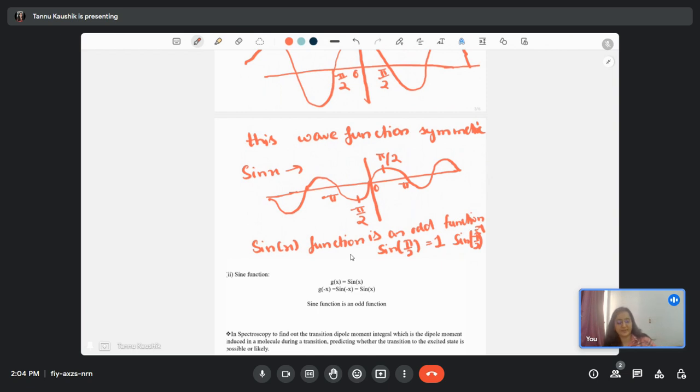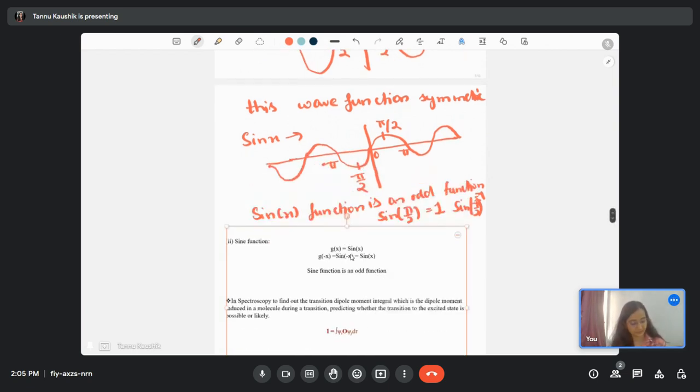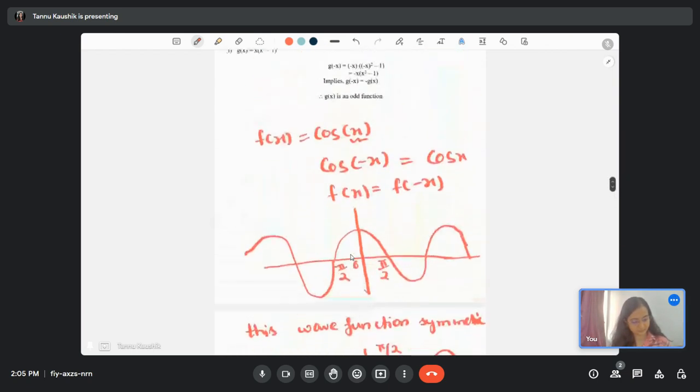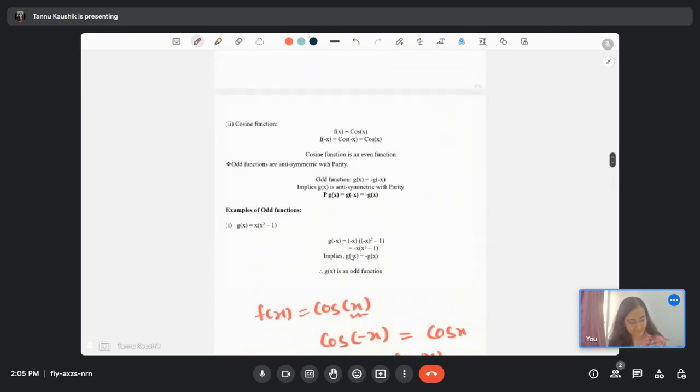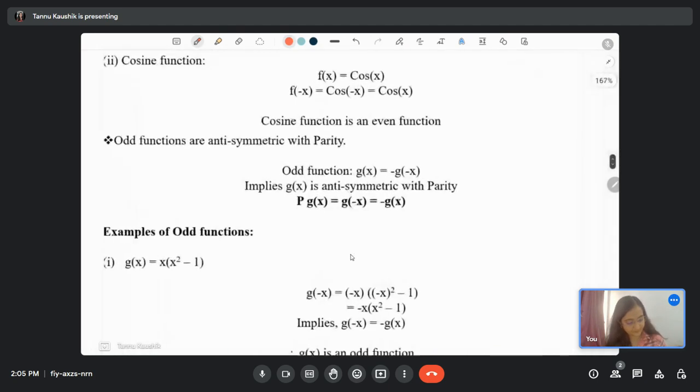So this helps us in defining which function is odd or even. An even function is always symmetric with the parity operator and an odd function is antisymmetric with the parity operator.